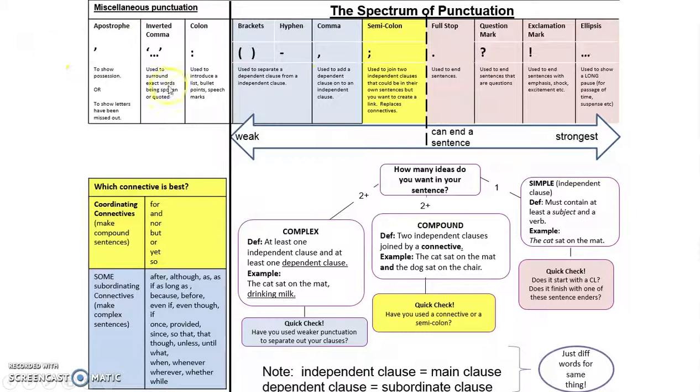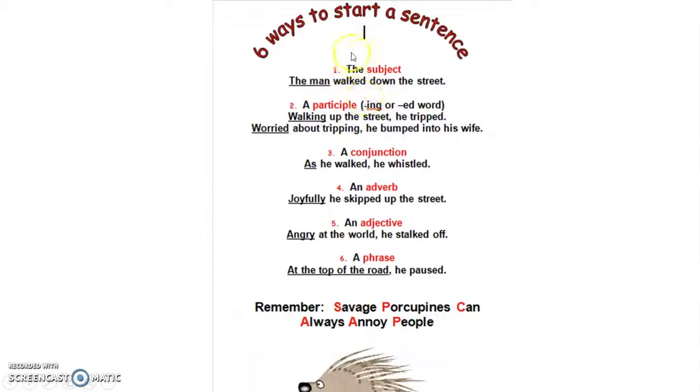If we're going to write really interesting sentences, we also want to have some complex sentences. And this is where we want to use the blue boxes on our sheet, using these sorts of connectives and this punctuation. Another thing to help you would be looking at this. Here we've just got a simple sentence ending in a full stop.